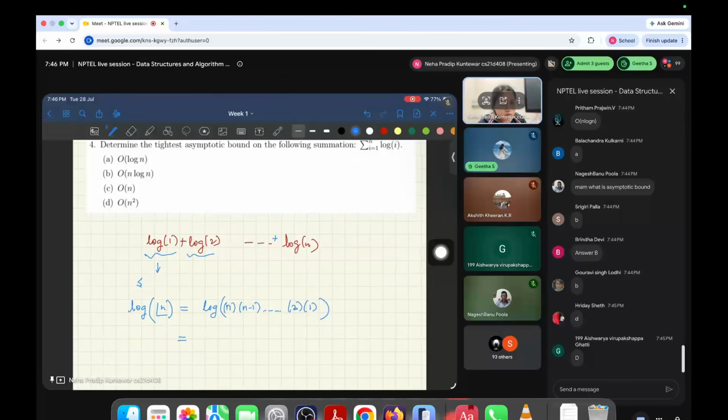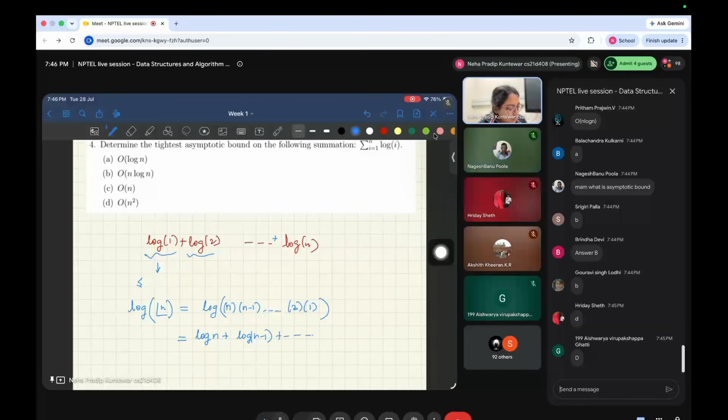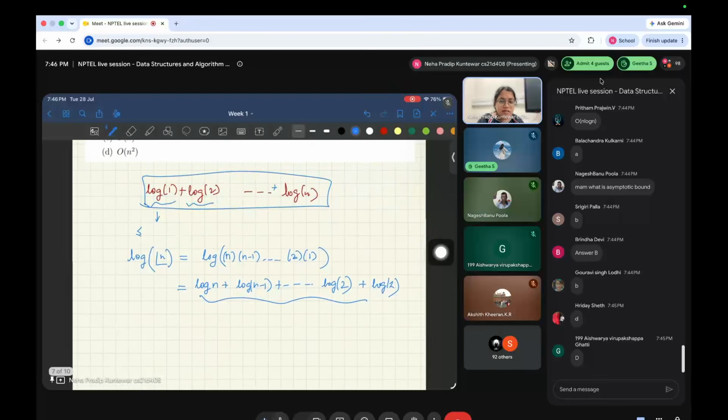Now if you use the identity, this is log n plus log of n minus 1 plus log 2 plus log 1 and so on. So this is essentially the sum that you wanted. If you want to bound this, you can as well bound n factorial.